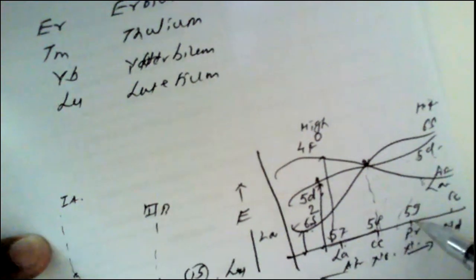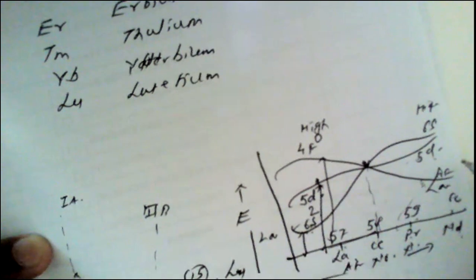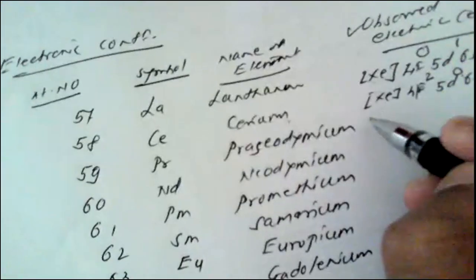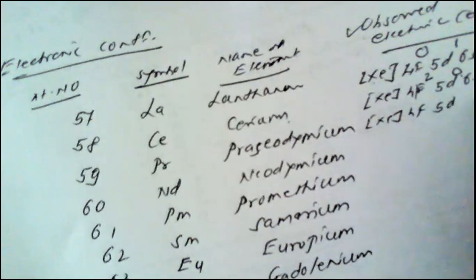So while writing the electronic configuration for praseodymium, atomic number 59, all the electrons should be coming in the 4f orbital. That means after cerium, the 4f orbital becomes decisively more stable, and hence we can write the electronic configuration like this.